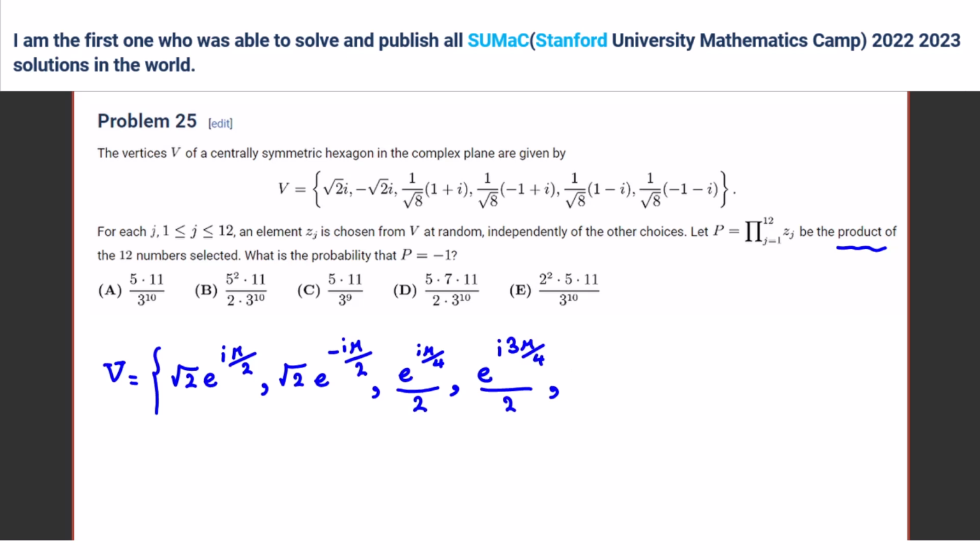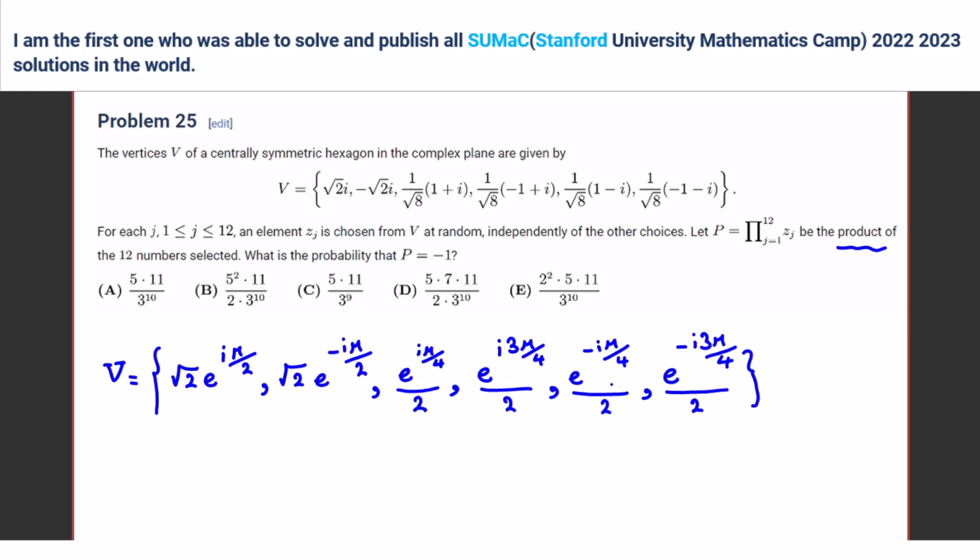So 1 over 2 e to the negative i pi over 4. And this one is what? 1 over 2 e to the negative 3 pi i over 4, right? Mm-hmm.